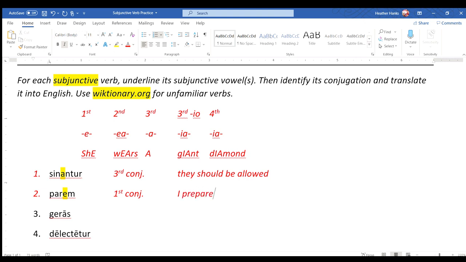But remember, these are subjunctives. So instead of just being I prepare, we're going to assume that it's volitive. So throw in a should. I should prepare. And it's active voice, so we don't need to worry about changing the voice. And we are done. All right, continue working through these through number 12.